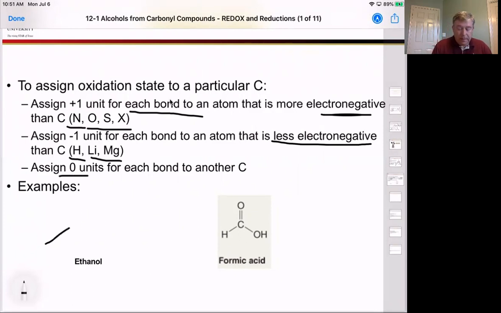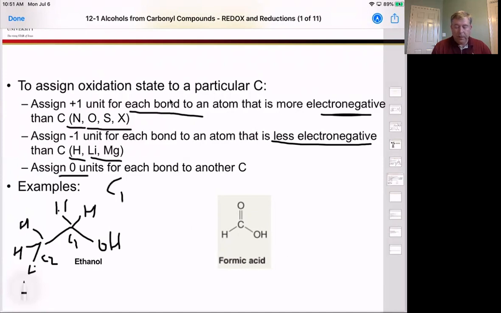So if we were to draw our ethanol compound right here and start looking at the oxidation state for carbon number 1 and carbon number 2, in carbon number 1, we have to remember that we have 2 hydrogens here and 3 hydrogens on our terminal carbon here. So for our carbon 1, we're going to get a +1 for being bonded to the oxygen, and then we'll get a -1 for each of the hydrogens, giving us a net oxidation state of -1 for carbon number 1.